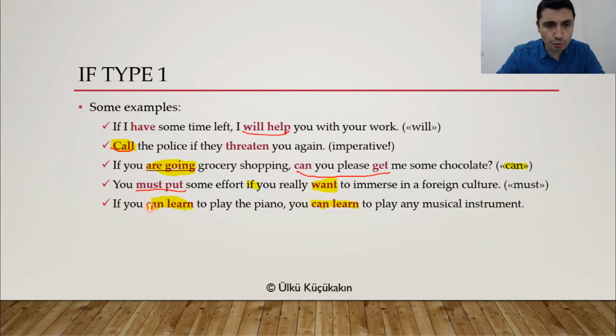Here you have a present continuous tense with if, but the important thing is you have modal verbs in your main sentence mostly, or imperatives maybe. But not simple present tense. If type 1 does not have simple present tense in the main clause.